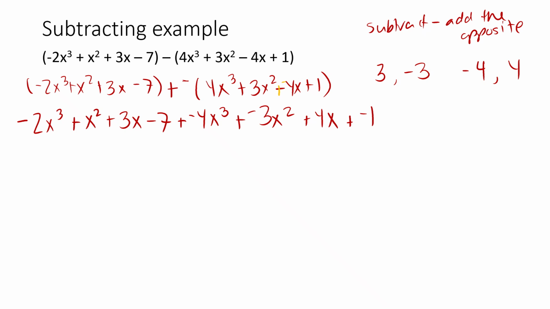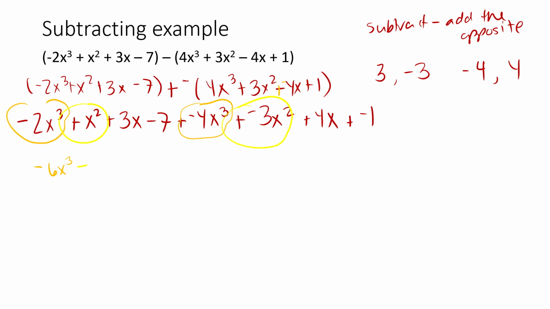It's just like an adding problem. You're just going to combine the things that are the same. So we've got negative 2x to the third plus negative 4x to the third. So that would be negative 6x to the third. We've got positive x squared plus negative 3x squared. So 1 plus negative 3 is negative 2.